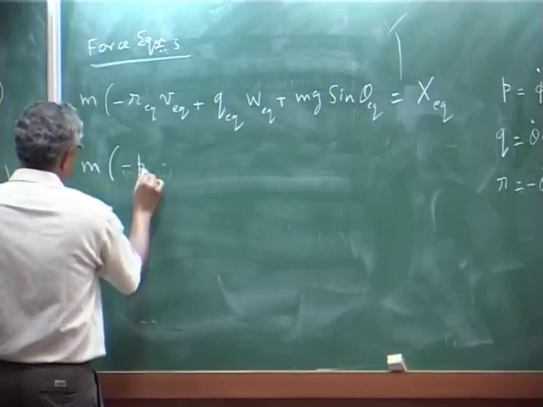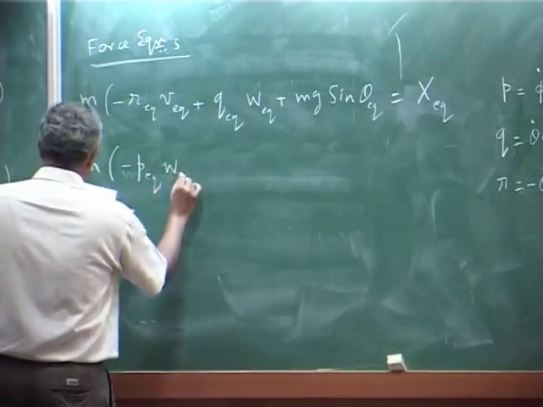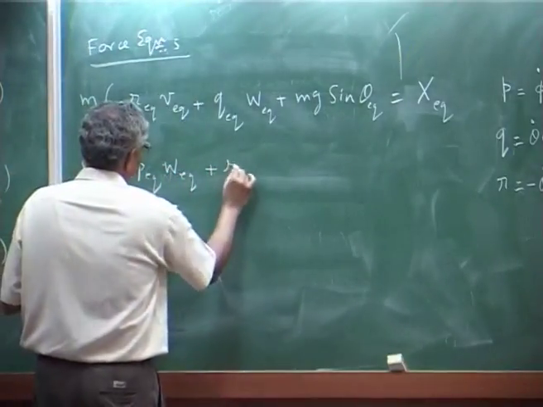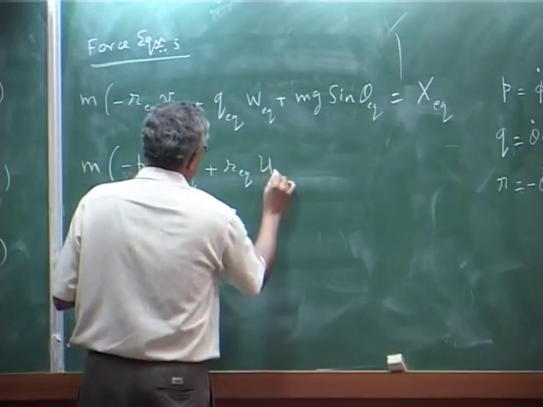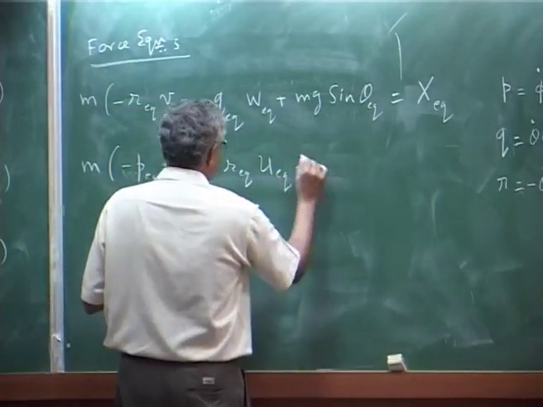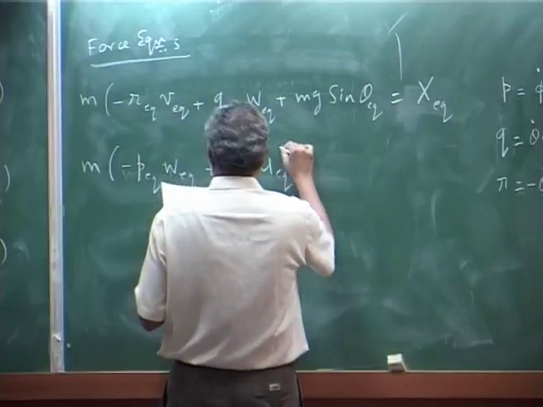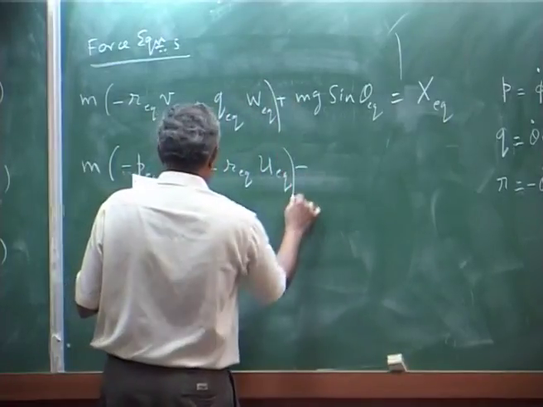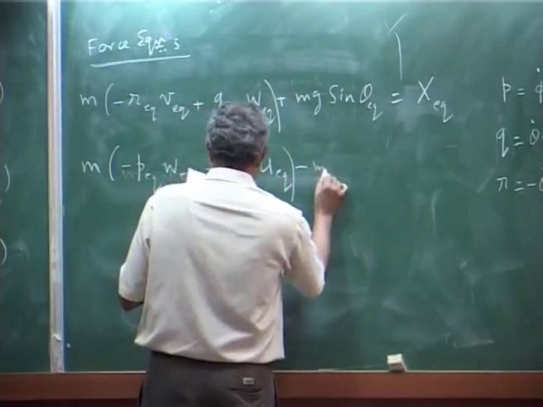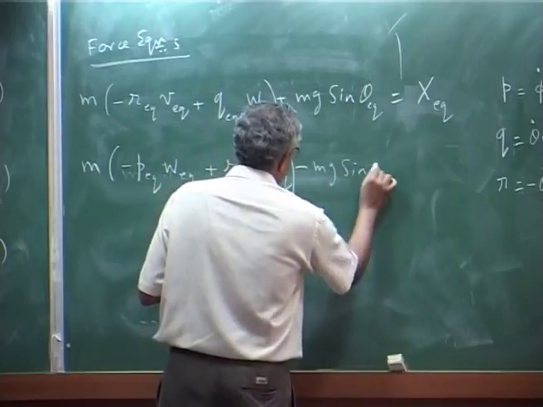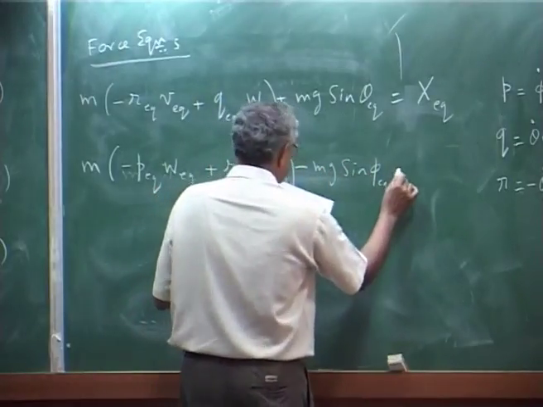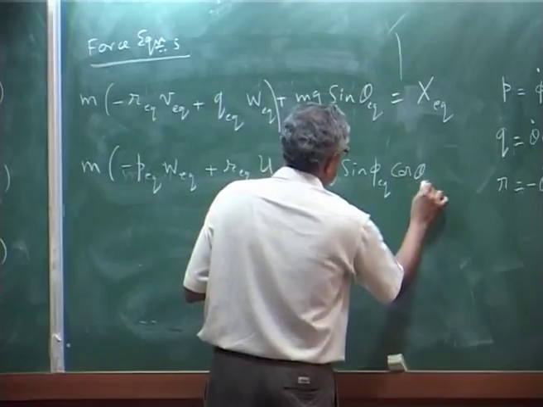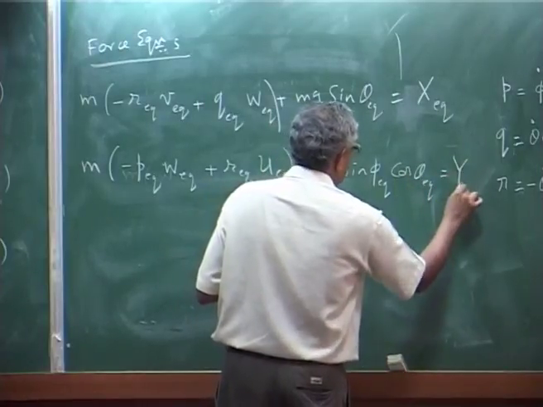m times minus p equilibrium w equilibrium plus r equilibrium u equilibrium, minus, I should put a minus, mg sin phi equilibrium cosine theta equilibrium is y equilibrium.